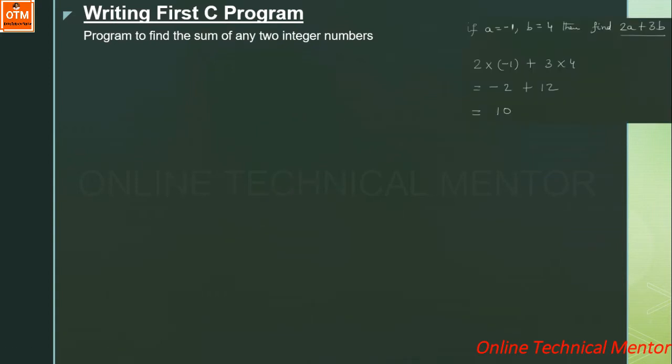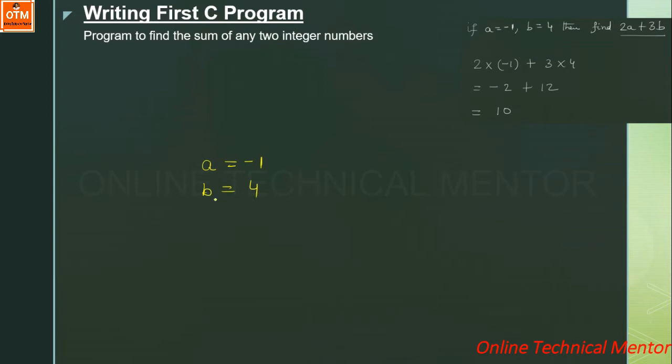Now if we want to do the same operation within the C program, what will we do? In this case also, we initialize two variables, a equal to -1 and b equal to 4. In C programming language, a and b are called variables. We can vary the value of these alphabets according to our choice.